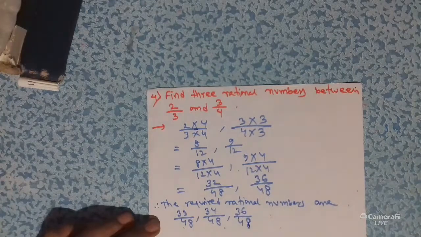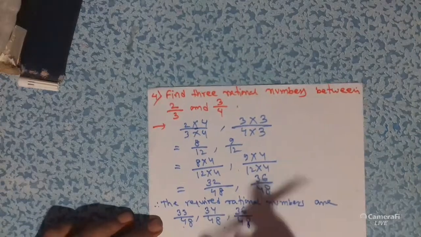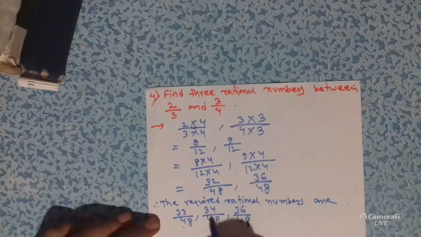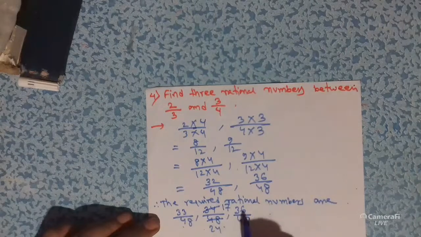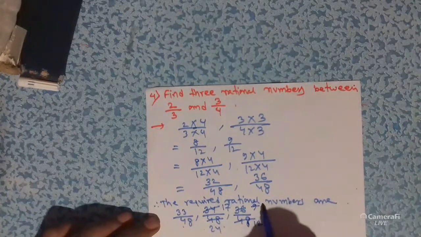Okay. Now if you want, you can divide both the numbers by a common number. So here we can divide both the numbers by 2, and here also we can divide both the numbers by 4. And again by 3.